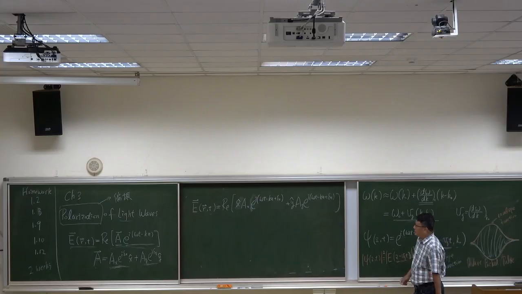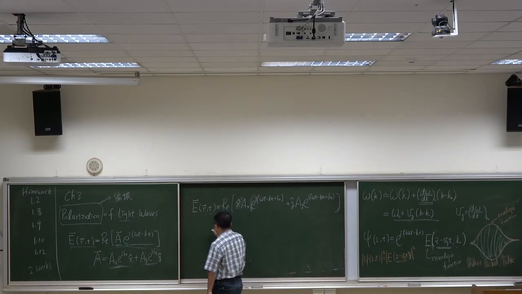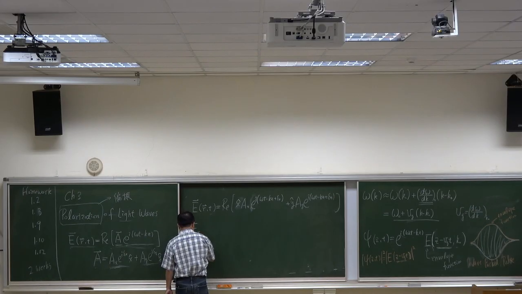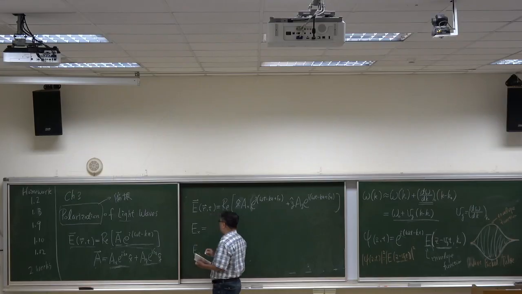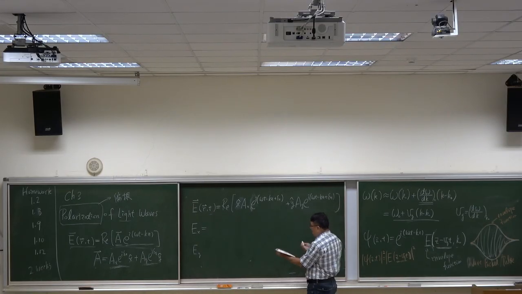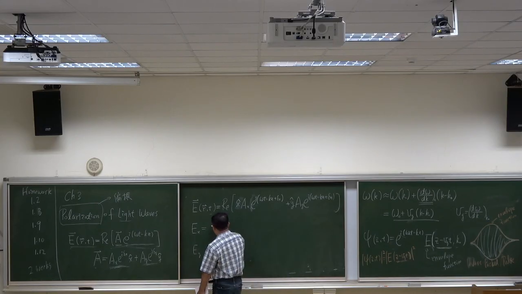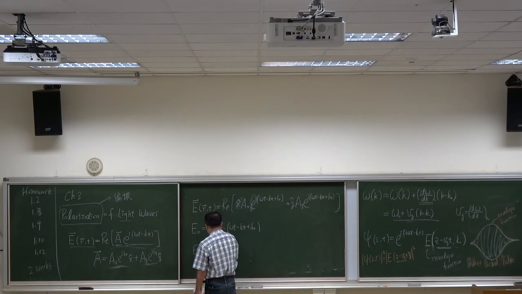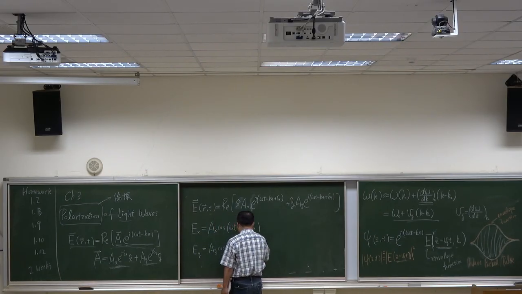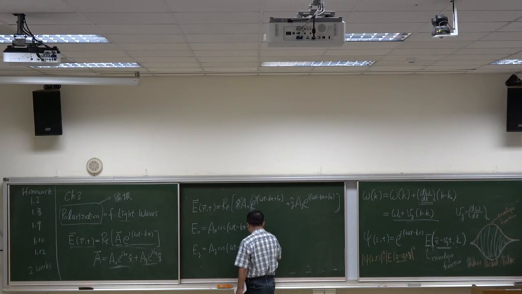So this means that Ex and Ey are this quantity. 现在这个 Ex、Ey 它们本身都只跟 z 有关，跟 x、y 无关，因为它的传播方向是 z。This is equal to Ax cosine(omega t minus kz plus delta x), and this is equal to Ay cosine(omega t minus kz plus delta y).